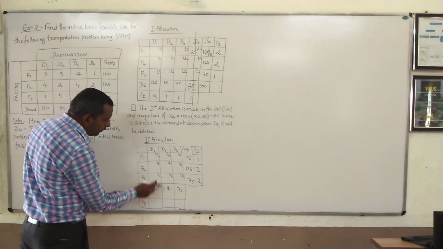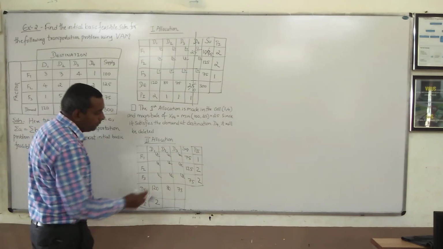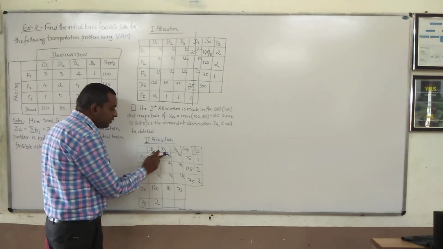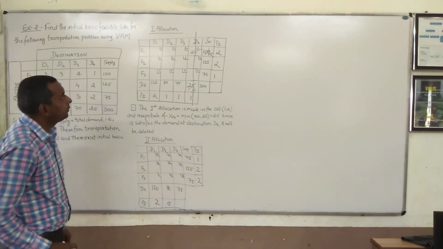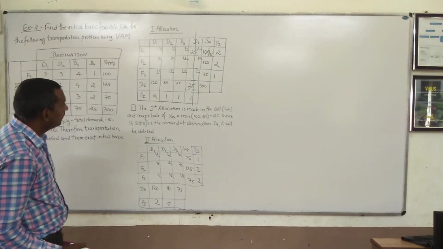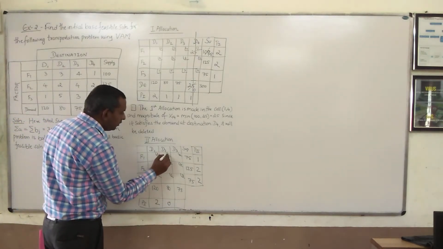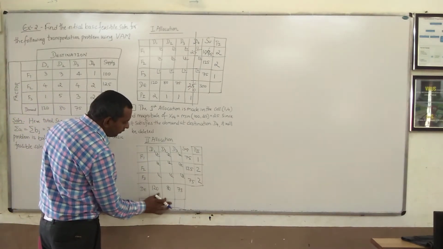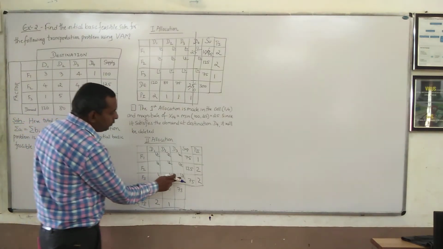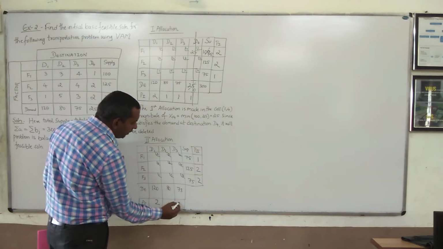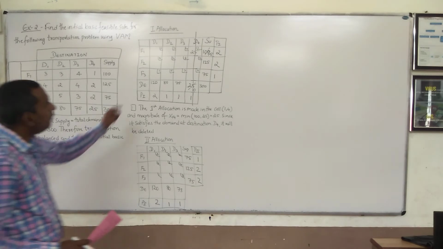Now 2 is the smallest, next smallest is 2. 2 minus 2 is 0. Fine. Then 3 and 3, so it is 1. Smallest is 3, next smallest is 4, so this is 1.